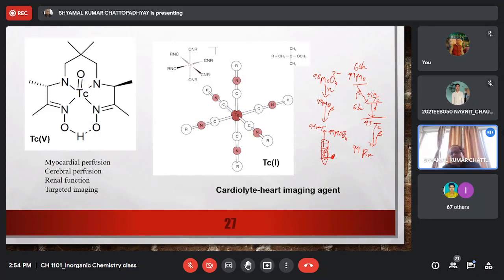This molybdate is decaying and producing technetium. So the molybdate will stick in the column, and through the column you will get mainly 99TcO4 minus.